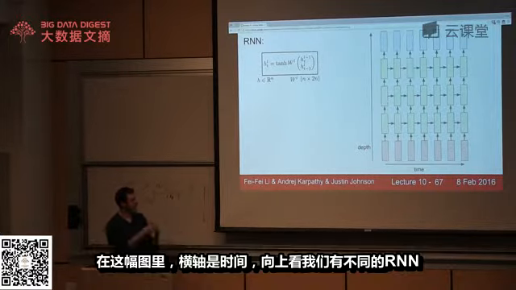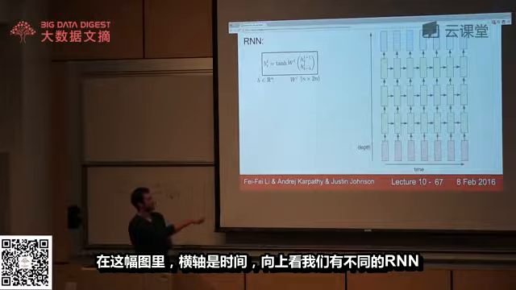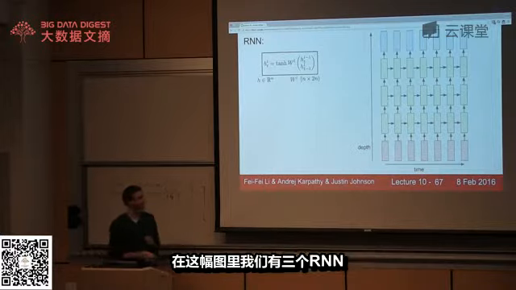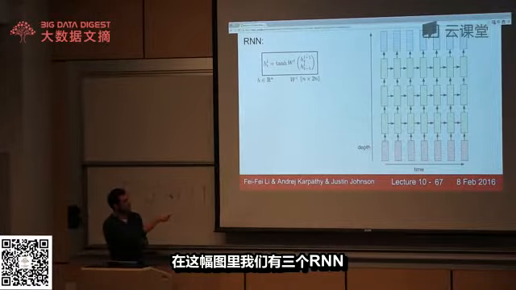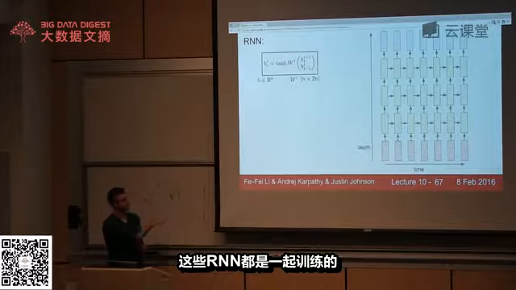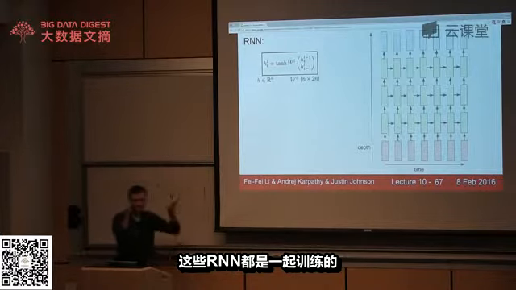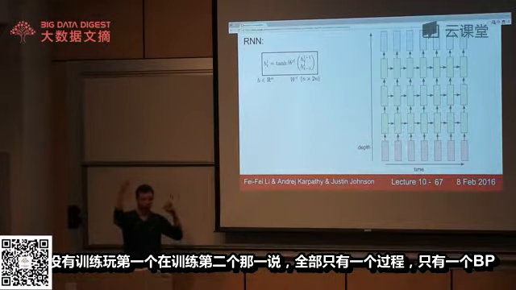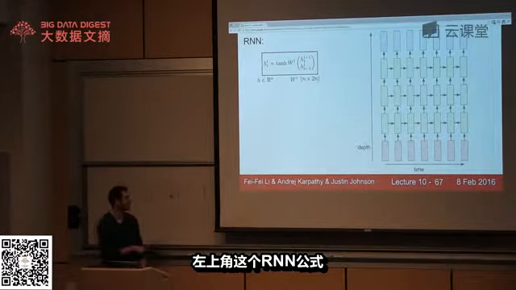In this image, the time axis goes horizontally, and going upwards we have different RNNs. In this particular image, there are 3 separate recurrent neural networks, each with their own set of weights, and they just feed into each other. And this is always trained jointly. There's no training the first one, then the second, then the third. It's all a single computational graph that we backpropagate through.